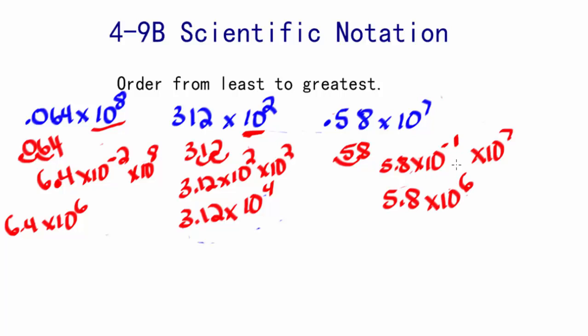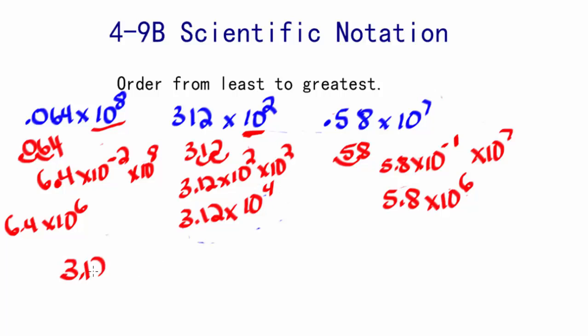I kind of went through this part quickly because that's what we did on section 4-9A. Okay, so now when we look at them, we have to decide which is bigger. Which is the smallest to the largest. Okay, so when they're lined up, you can just look at the exponents to start. We look at the exponent, the one with the smallest exponent is the smallest.